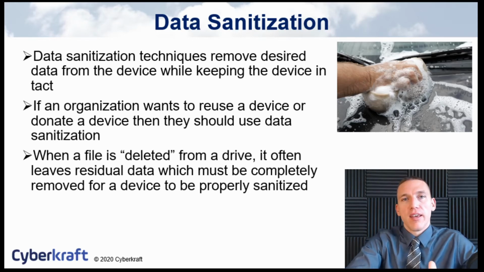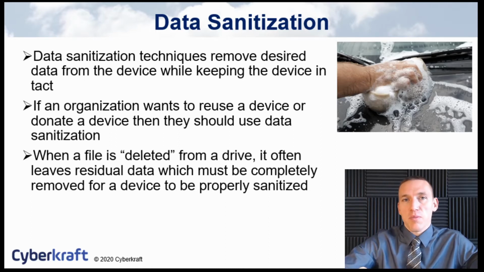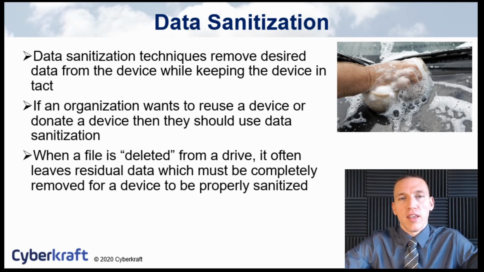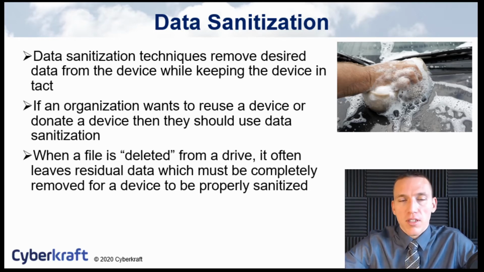It marks that space on the drive to be overwritten in the future, and this is far more processor friendly than purging the information from the drive. The next time information is stored on the drive, it can be overwritten to that location that was marked, but the data doesn't go away right away.